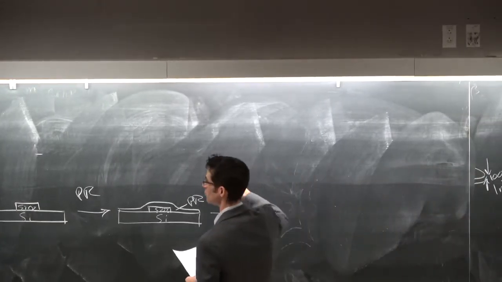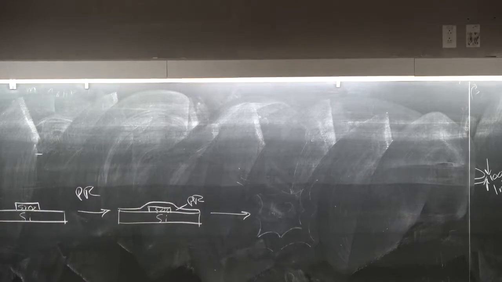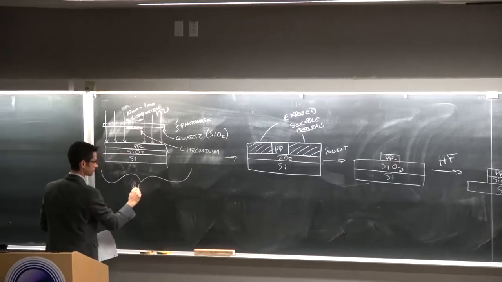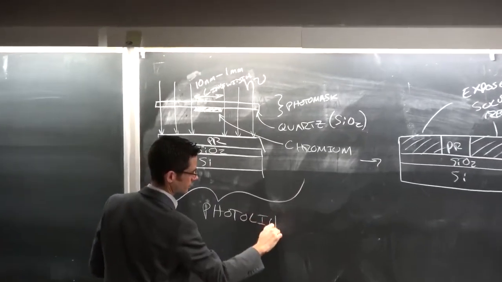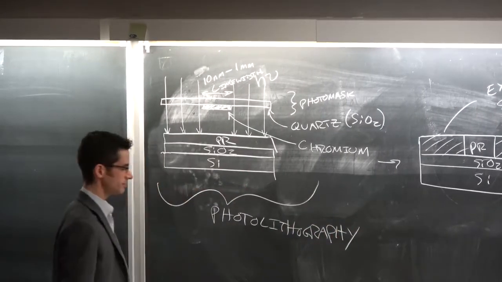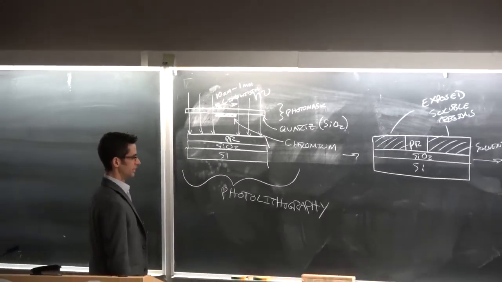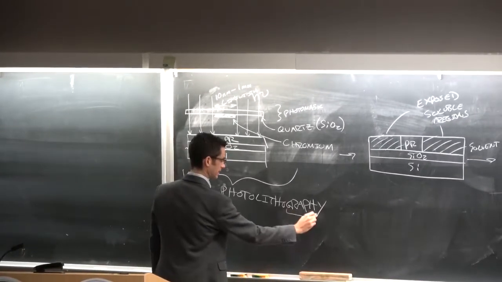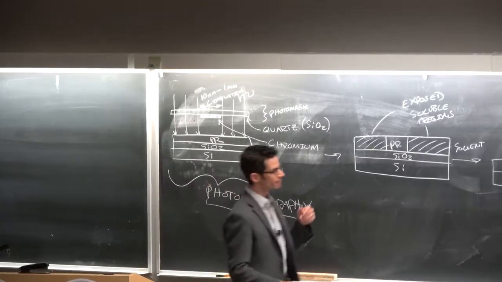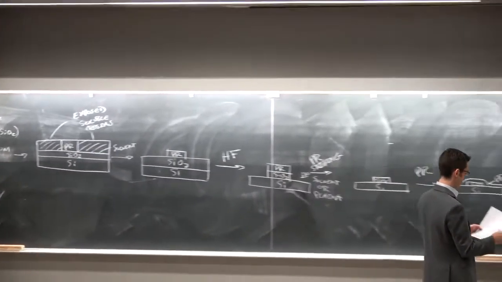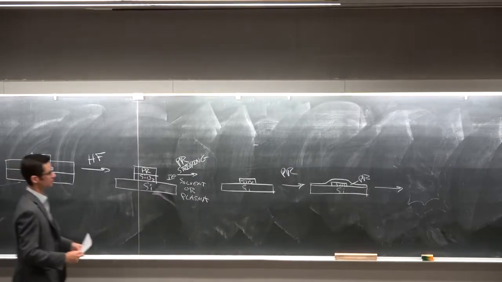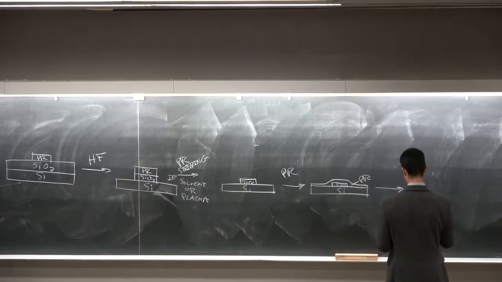We're going to do another step of, oh yeah, I forgot the most important thing was to name this. This process is called photolithography, which means writing in stone with light. So then we're going to do another photolithography step.